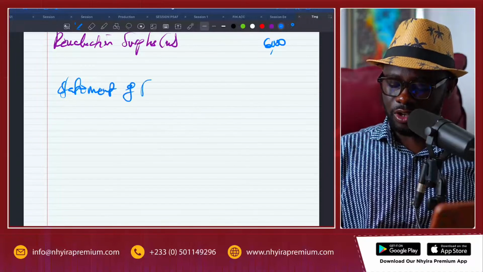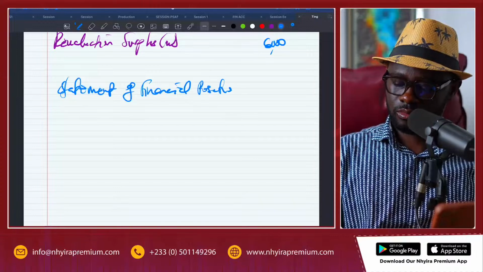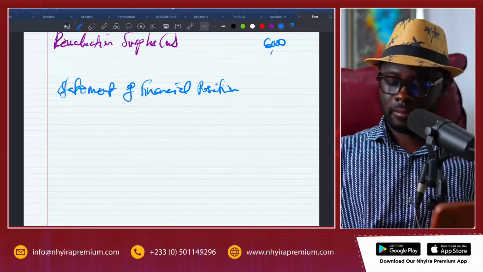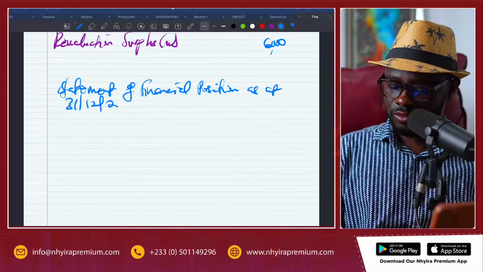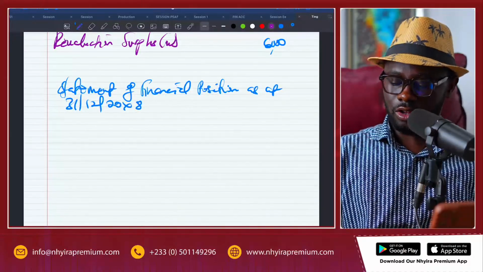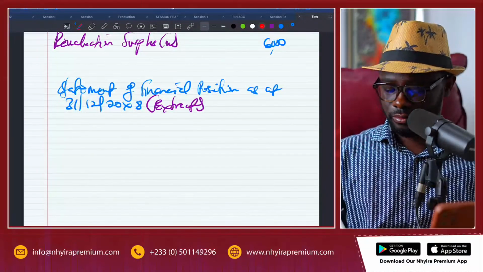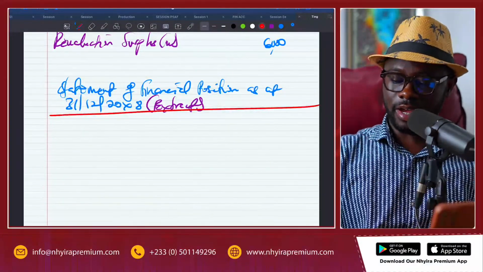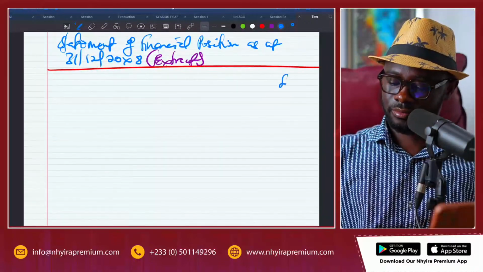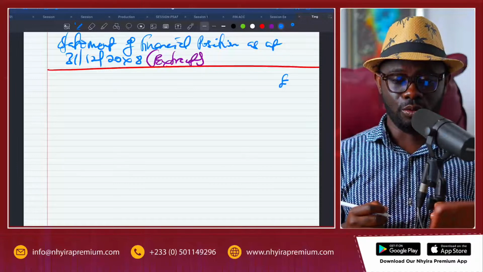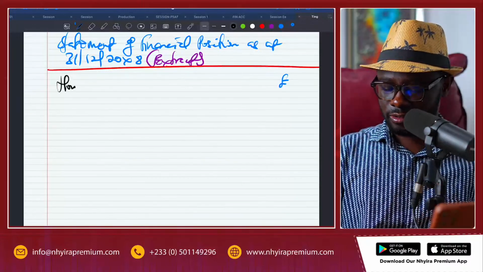So statement of financial position as at 31st 12, 20x8. Also an extract, it's boring, but you've got to write them down. So what do we have? We're going to bring in the non-current assets.